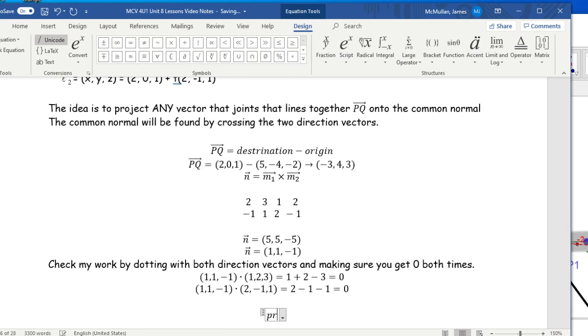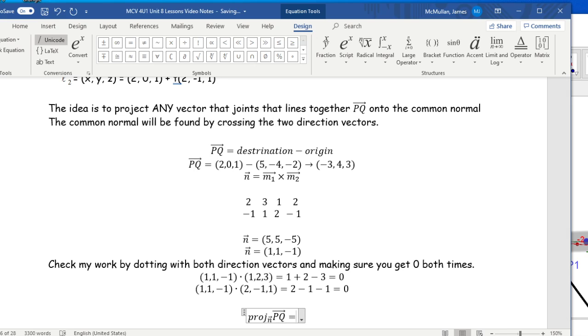Now what I want to do is project PQ onto N. I want to project PQ onto the normal, and then I just want to find that length.